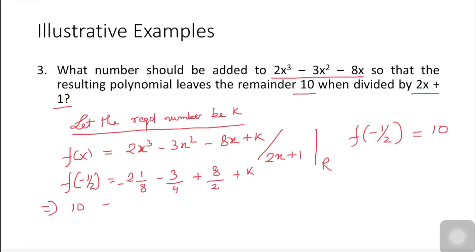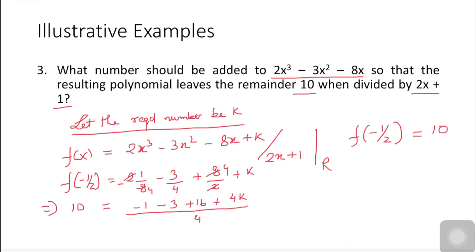So next step we'll write it as 10. 2 and x is 4, so let's take 4 as the denominator. We have minus 1, we have minus 3, and we have 4. So 4 times 4 is 16, so plus 16, plus we have 4k, that is equal to 10.